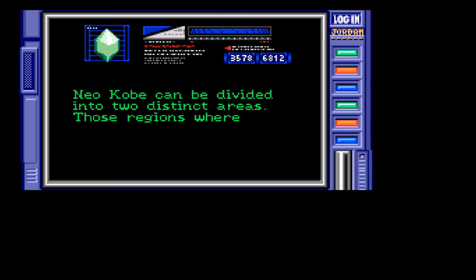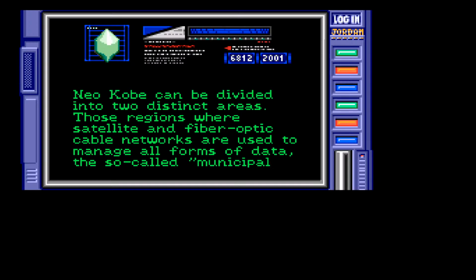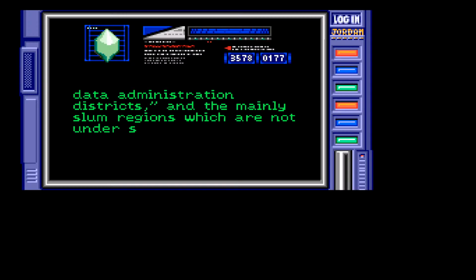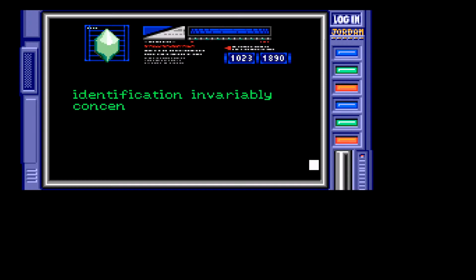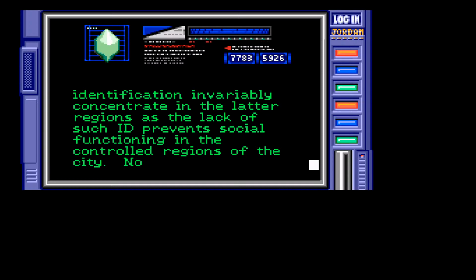Outer districts? Nyokobe can be divided into 2 distinct areas. Those regions where satellite and fiber optic cable networks are used to manage all forms of data, the so-called municipal data administration districts, and the mainly slum regions which are not under such control and oversight. Individuals who cannot get personal guarantees or identification invariably concentrate in the latter regions, as the lack of such ID prevents social functioning in the controlled regions of the city.